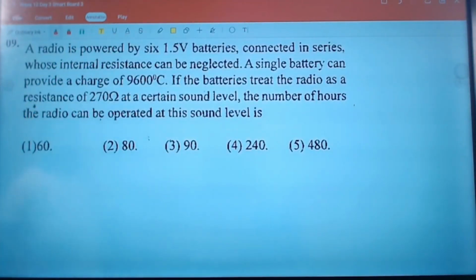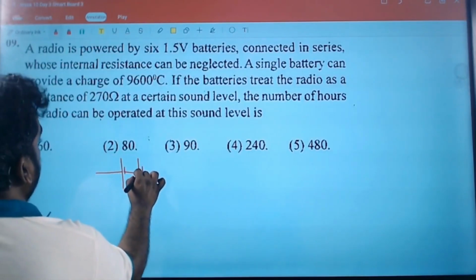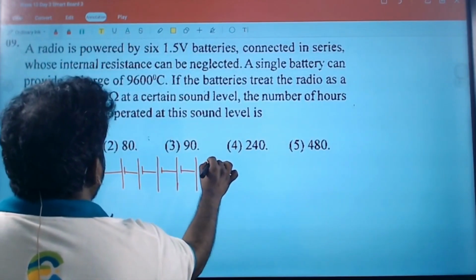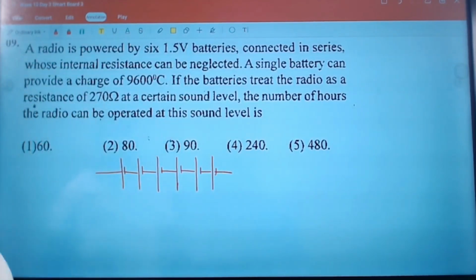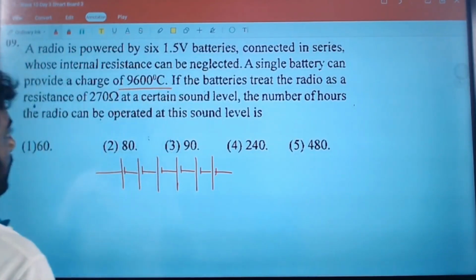A radio is powered by 6, 1.5 volt batteries connected in series whose internal resistance can be neglected. 6 batteries are there. A single battery can provide a charge of 9600 coulomb.